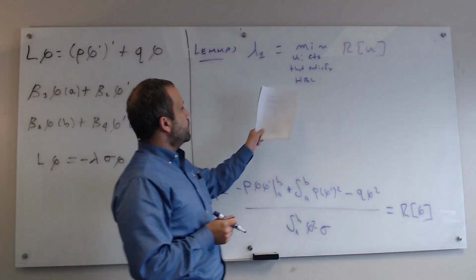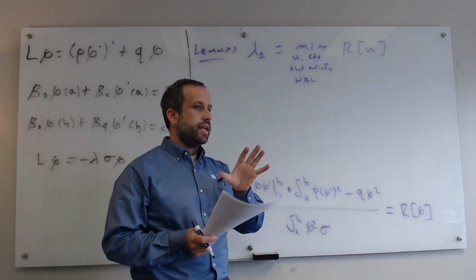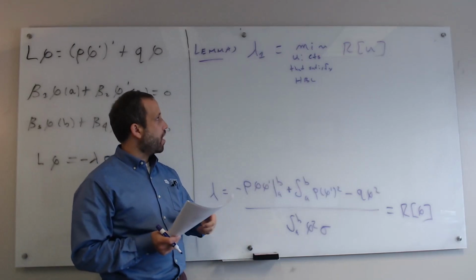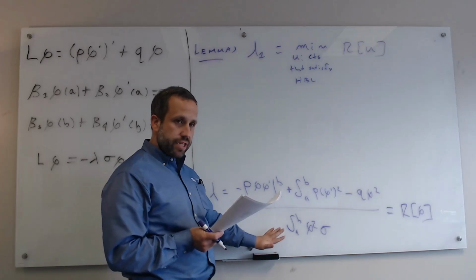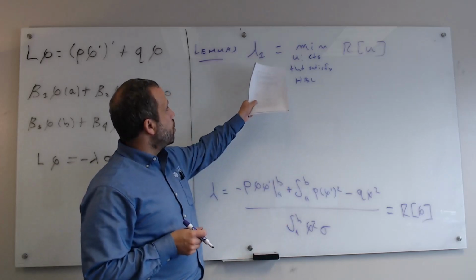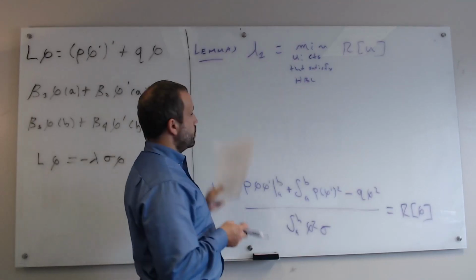In other words, I'm going to look at all of the functions that are continuous and not identically equal to 0. If u is identically equal to 0, the bottom here is 0, so as a whole this quotient is not well defined.